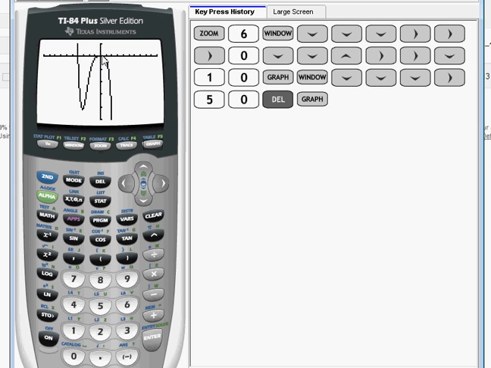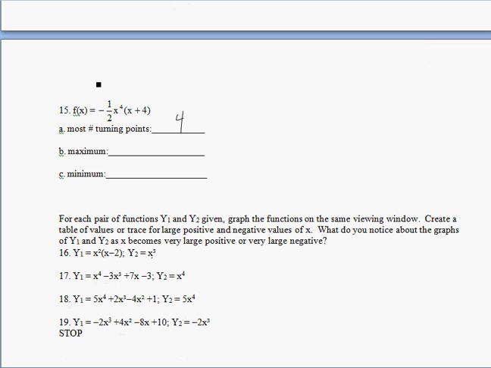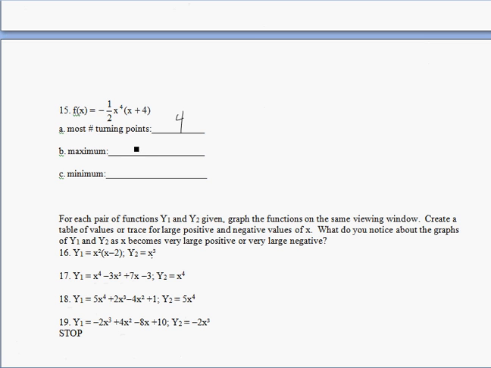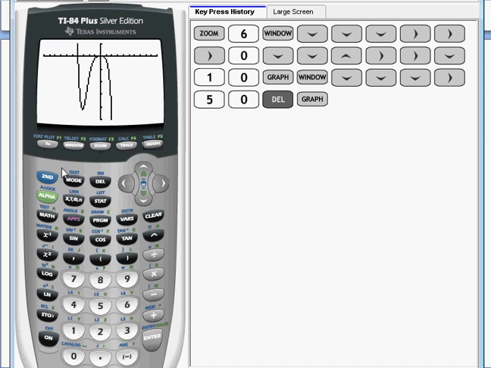It looks like there's going to be a maximum there right at the origin. If we look back at our function, there's the x-intercept. It is an even multiplicity, so therefore it does touch the x-axis at 0, 0. And since that's a local maximum value, our max is going to be 0, 0, but we'll verify that with the graphing calculator.